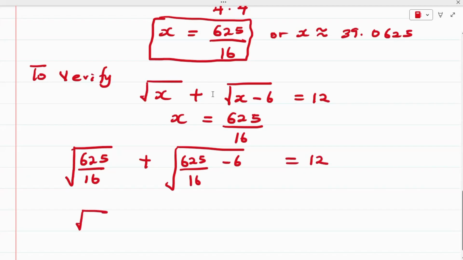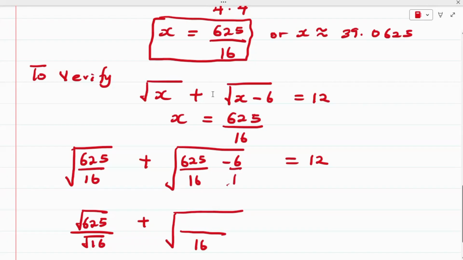So we have the square root of 625 divided the square root of 16 plus the square root of, so taking the LCM of this, we have 16, and this is over 1. 16 into 16 is 1. 1 times 625 is 625 minus 1 into 16, 16. So we have this to be 6 multiply what, 16, and this is equals to 12.